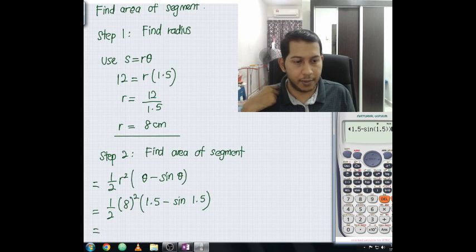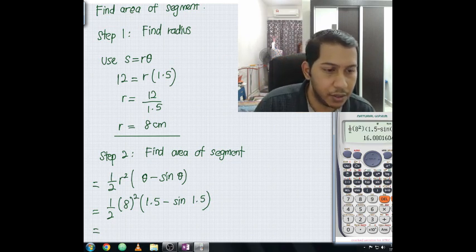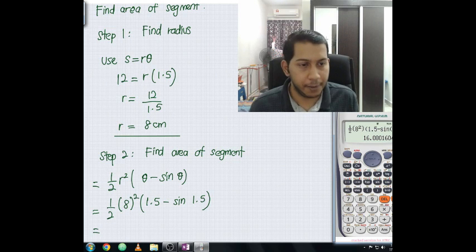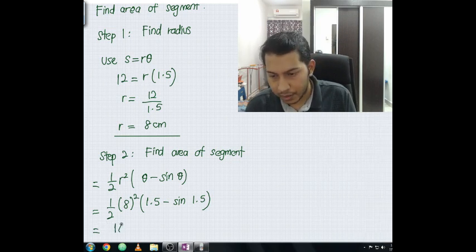Close bracket. So you calculate this, you should get your answer is 16.08 centimeter square. So this is your area of segment.